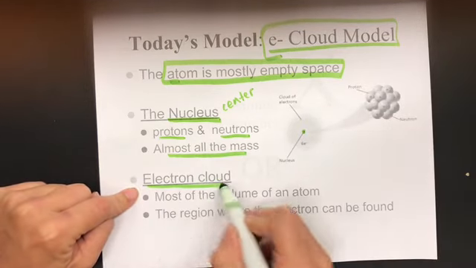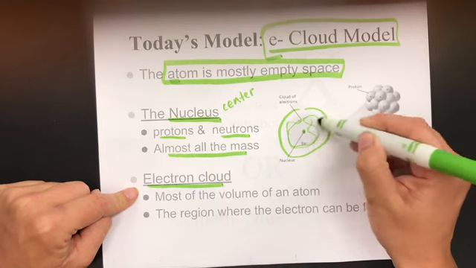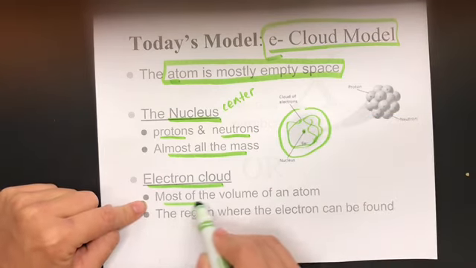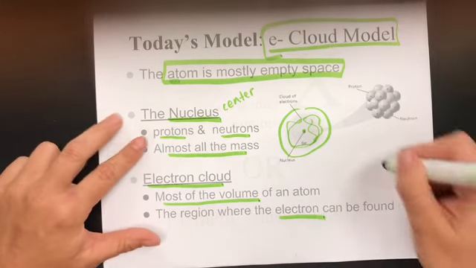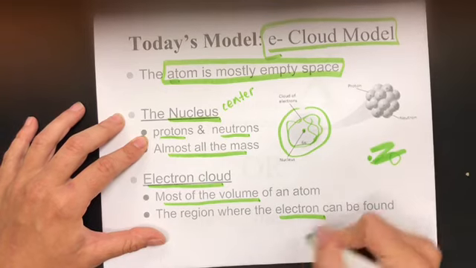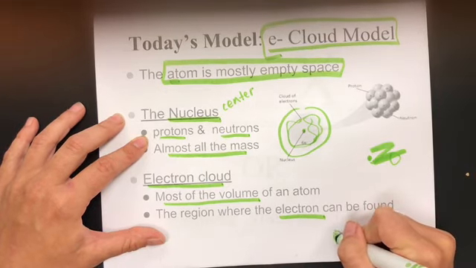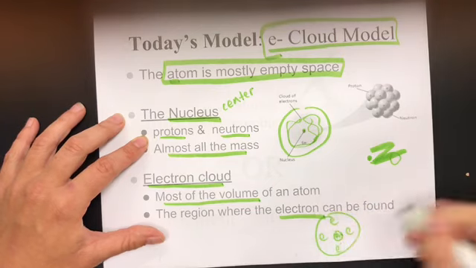The electron cloud is everything else. All of this space is the electron cloud. This contains most of the volume, and this is where the electrons can be found. So inside the middle, you have your protons and neutrons, and then the electrons are on the outside.